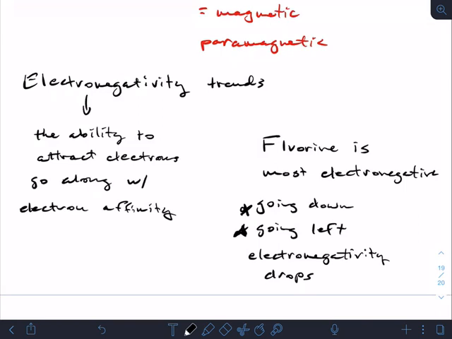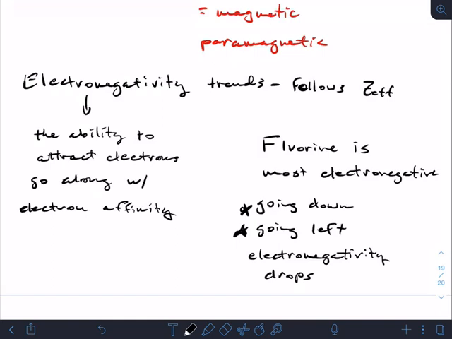So things like cesium have the lowest electronegativity. Let's make sure that's clear, since electronegativity follows Z effective. Fluorine has a very high Z effective, a Z effective of 7. It has really nothing in the way of core electrons, so all of its electrons are being pulled really tightly to its nucleus.